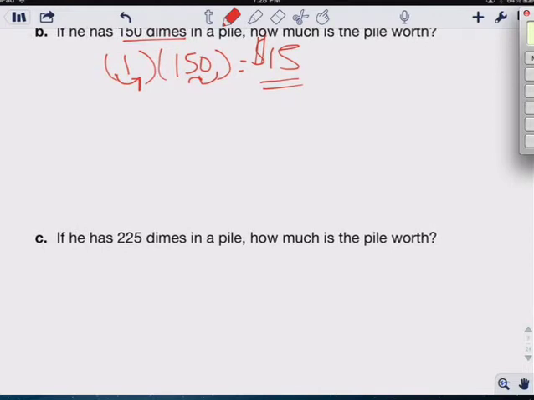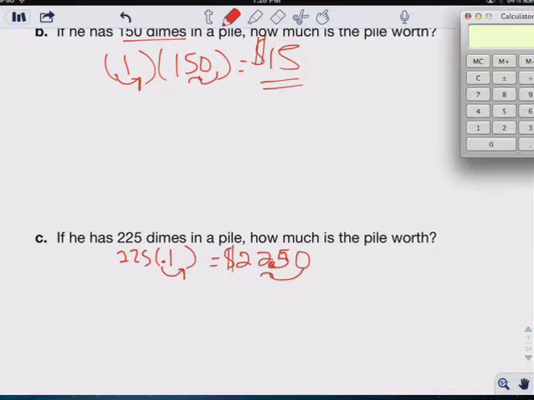Dimes are easy. If he had 225 dimes, times what dimes are worth, 0.10, how much is it worth? Well, 1 times 225 is 225, but 1 out, 1 in, $22.50.